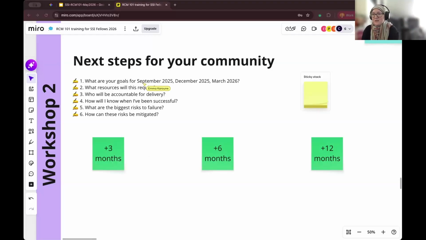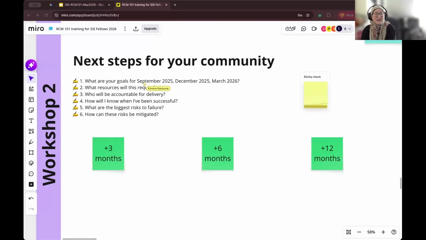What are the biggest risks to it failing? It's always good to have a think about the risks of something and how you might mitigate them. Because there is risk in all the work you do in the community. Like I said, if you're planning something big, you want to ensure that you've thought about the risks of people attending the event.